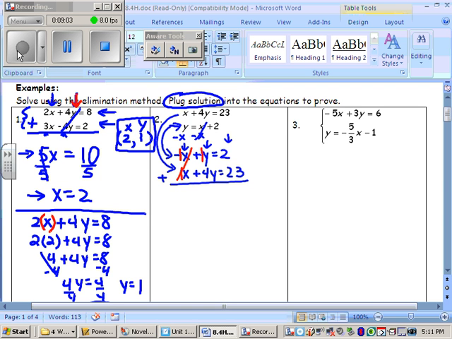Then we will add the remaining terms. So starting with the y's, we have 1y plus 4y, which is 5y. On the right side of the equal sign, 2 plus 23 is 25. So if we then divide by 5, our value of y is 5, which would be half of our answer.